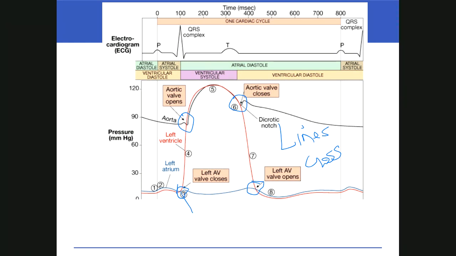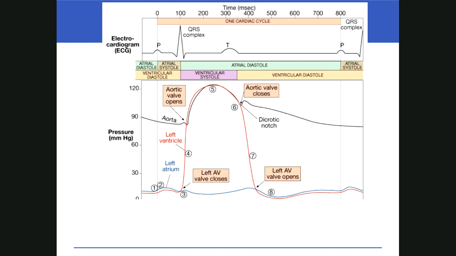Over here, the blue one was higher. But over here, the red one is higher. Right here, the lines cross. Over here, the black one is higher. But over here, the red one is higher. Same thing over here. Does it make sense? It's where the lines cross.